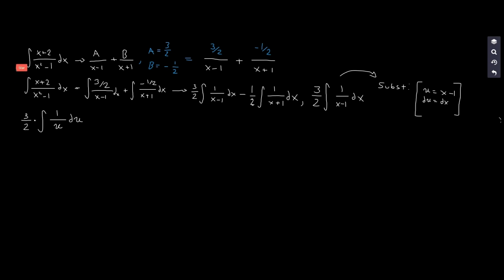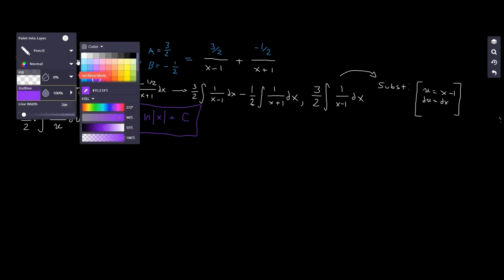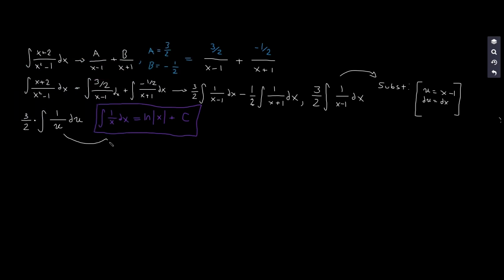And then we can write out one of our rules here: the integral of 1 over x, integration with respect to x, equals the natural logarithm of the absolute value of x plus c. I think that's how it goes, right? Pretty sure. So we're going to hit it with that.